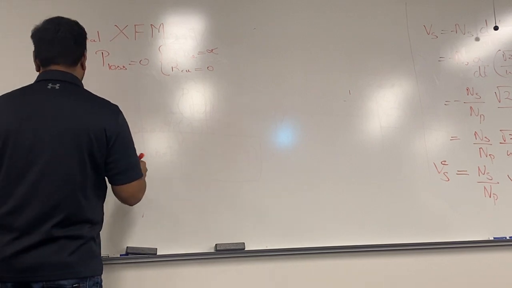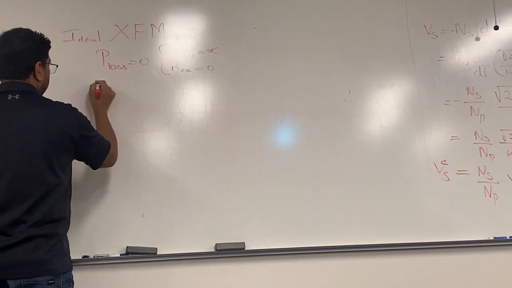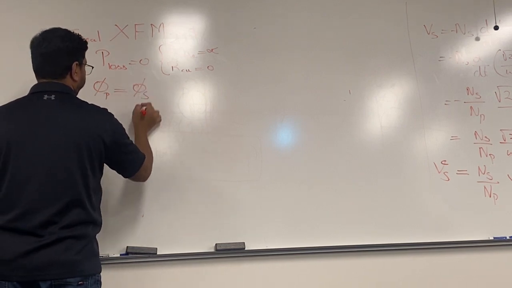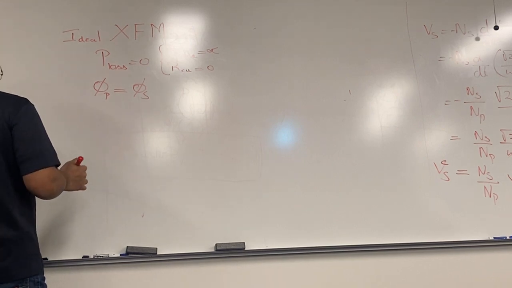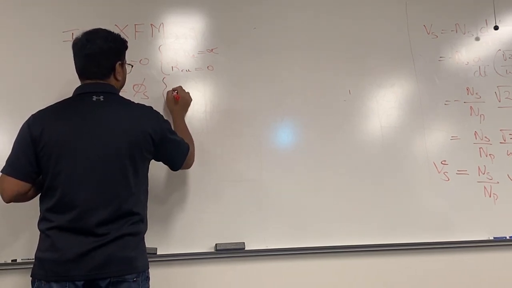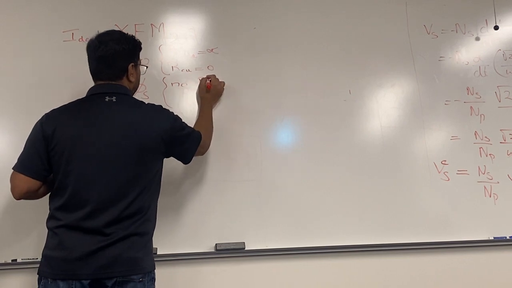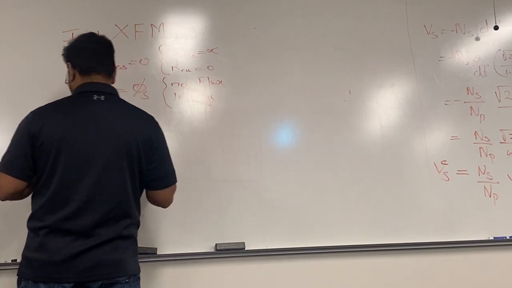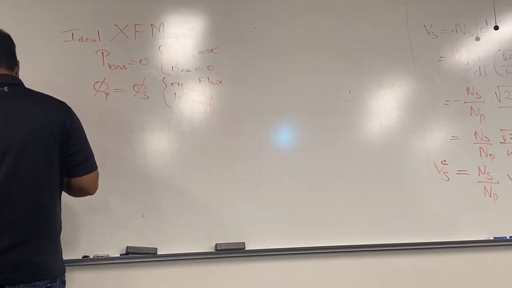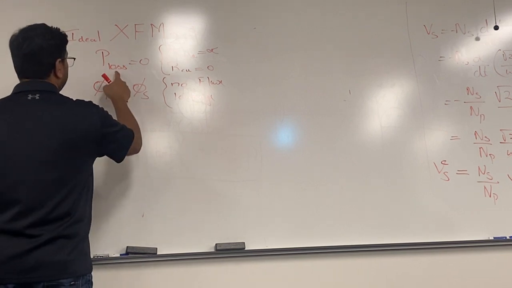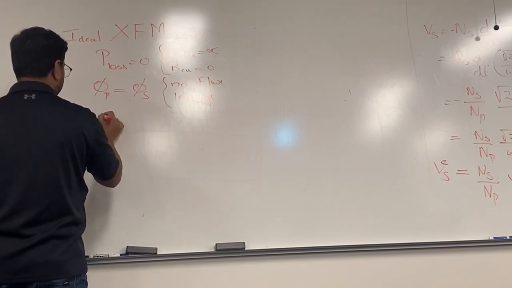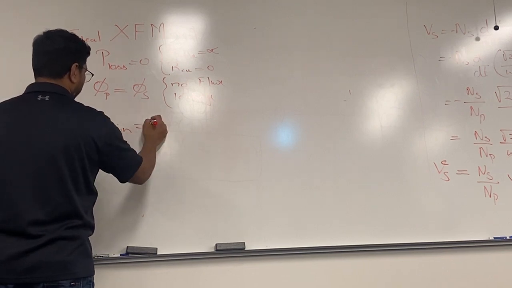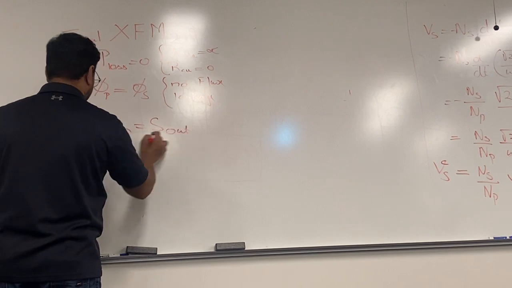And if this is true, any flux that I produce on the primary is going to show up on the secondary. This means there is no flux leakage. And if there's no flux leakage and if the power loss is 0, whatever power I'm producing on the input side, or the high side, or the primary side, that's what I'm going to get on the other side.